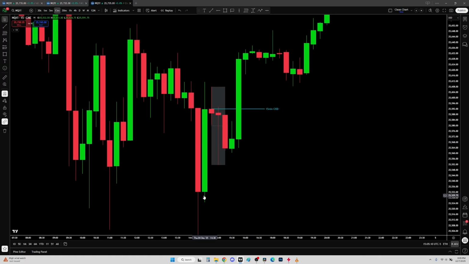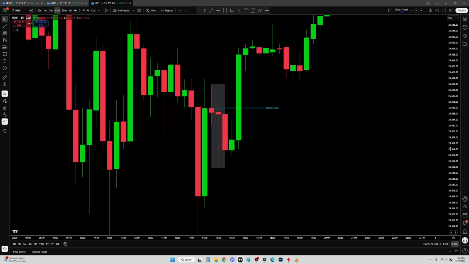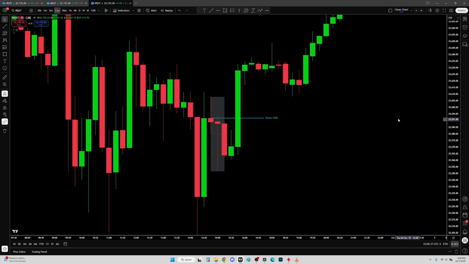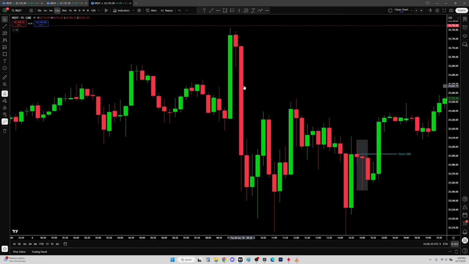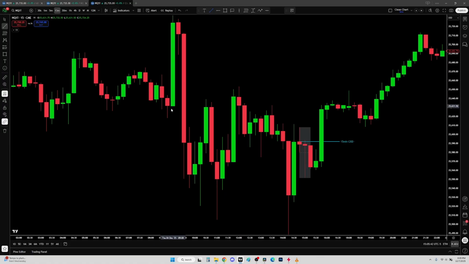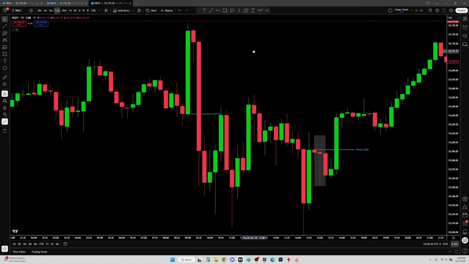So we have a green candle going up, 3 red candles going down, and then we have 2 green candles going up with the second candle closing higher than this candle's body. So that is our change in state of delivery. Now, a bearish change in the state of delivery is when you get a candle closure that's bearish below a green candle's move.